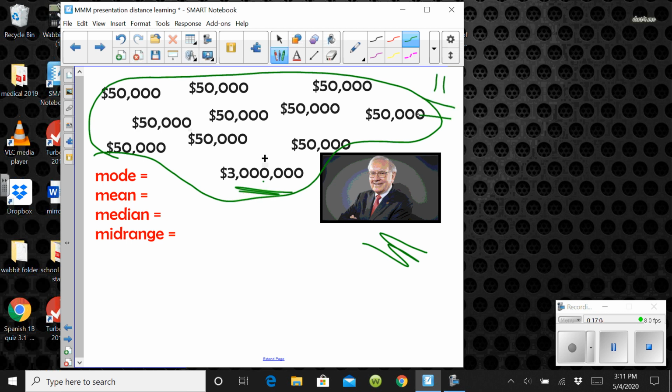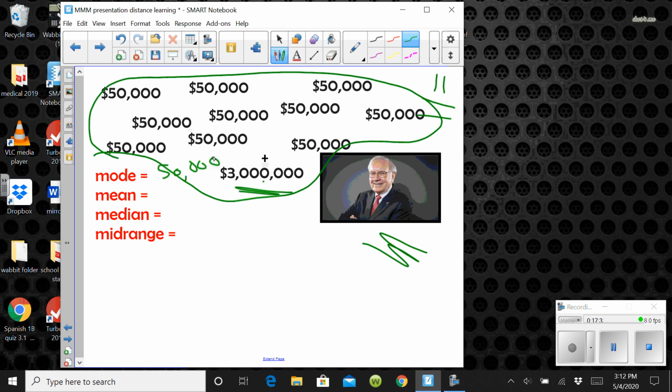What's the mode? By far, the most common number, 50,000, right? The mean, I've got to add all those numbers together. 500,000 would be the total of all of those 50,000s, plus 3 million, and you're going to have 3,500,000 divided by 11.